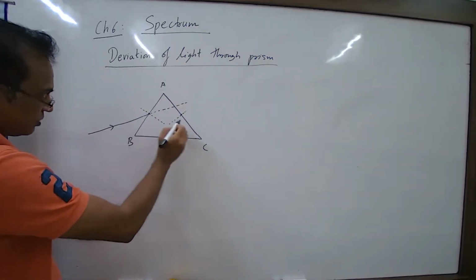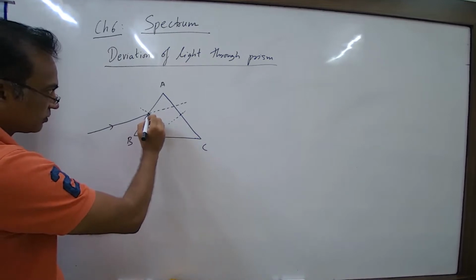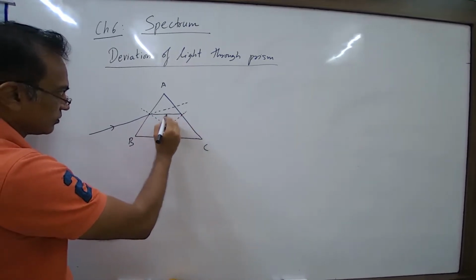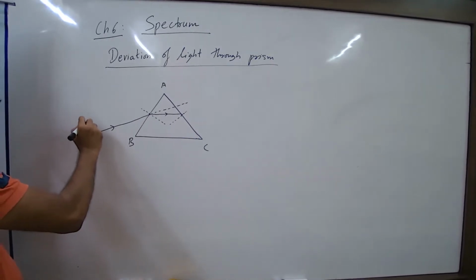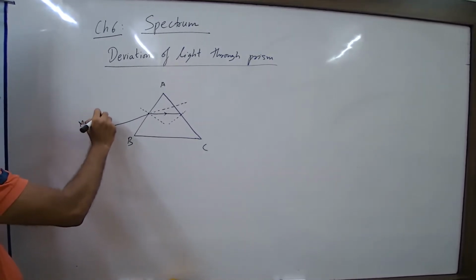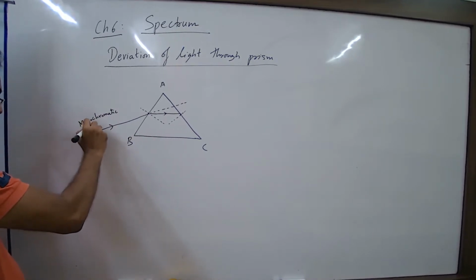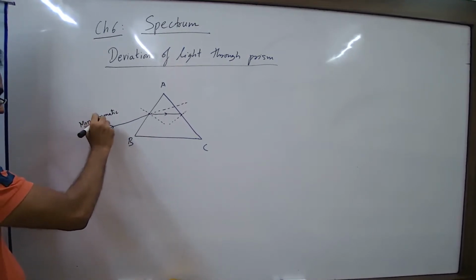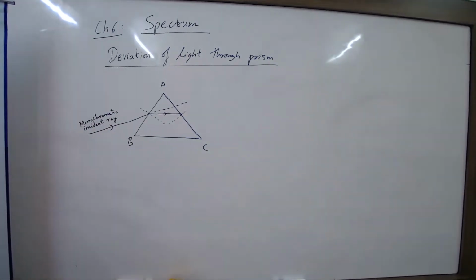So let's take the light parallel to BC. So this is a monochromatic ray, right? Incident ray. What is monochromatic? Mono means single.